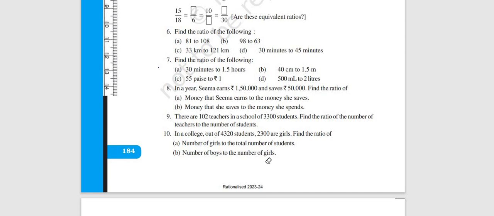Have you observed? In the question only the earning amount and saving amount are given. But according to question B, you have to determine the ratio of money that she saves to the money she spends. Spends means other than saving.